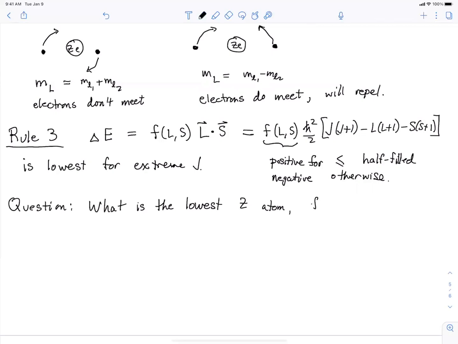So what is the lowest example for which Hund's rules predict the wrong 2S plus 1 L J ground state?